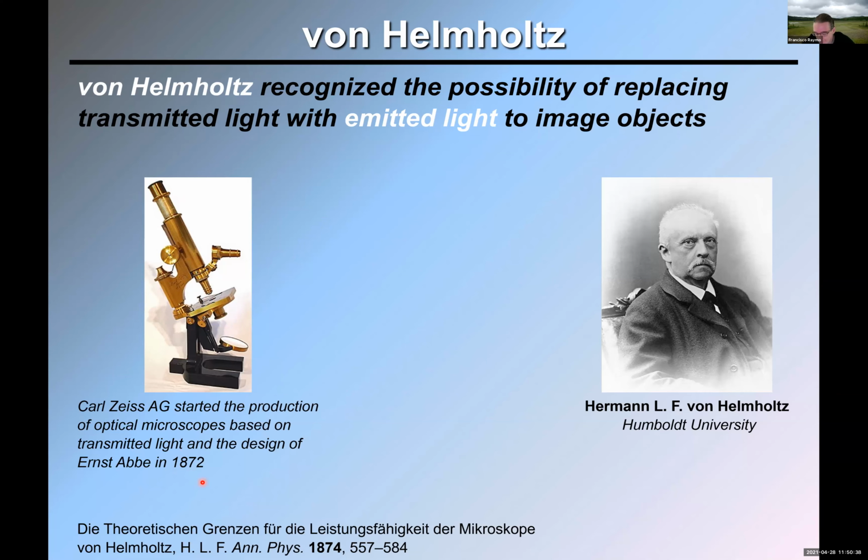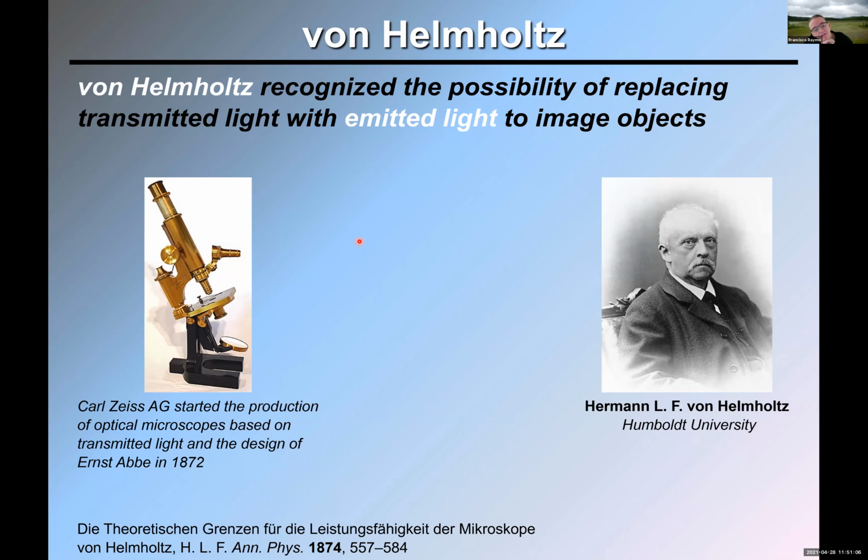Now, fluorescence was reported in the literature in 1845, so a little bit earlier. And this person, von Helmholtz, who was familiar with the initial reports on fluorescence by Herschel and Stokes, realized that by putting a fluorescent sample here, it should be possible to visualize the sample looking at the fluorescence from here instead of the transmitted light.